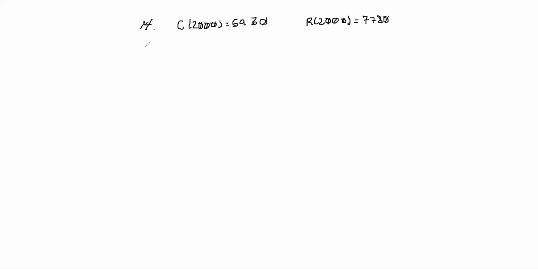All right, so part A. What is the profit at a production level of 2,000? We just did that. That's going to be P is equal to R minus C. So P of 2,000 is equal to 77.80 minus 59.30.